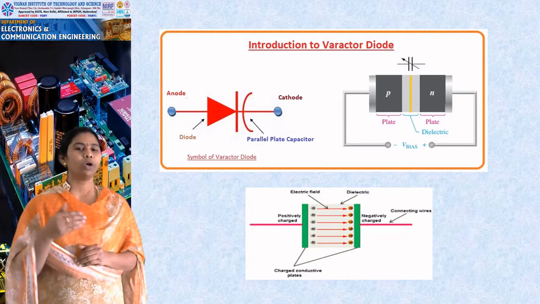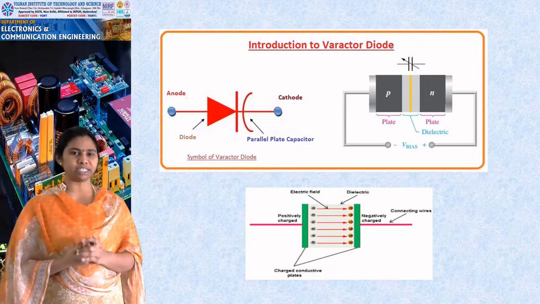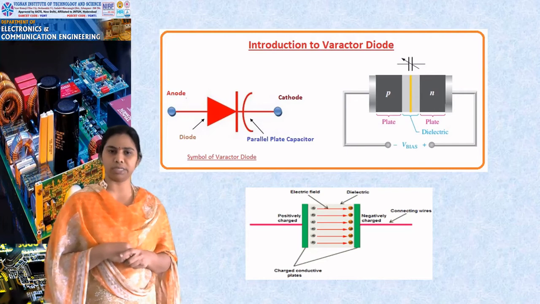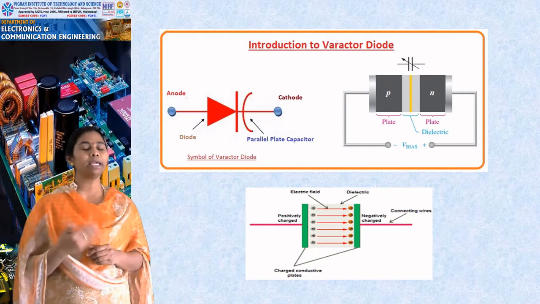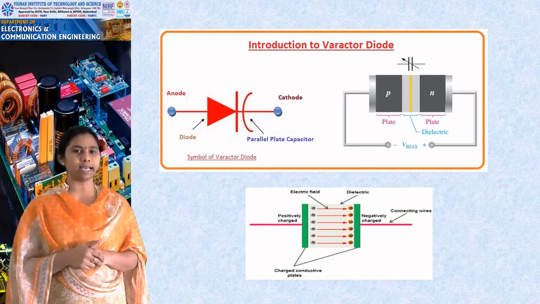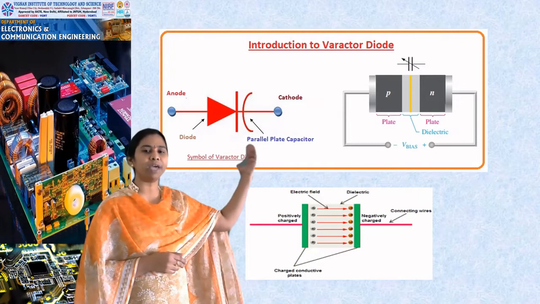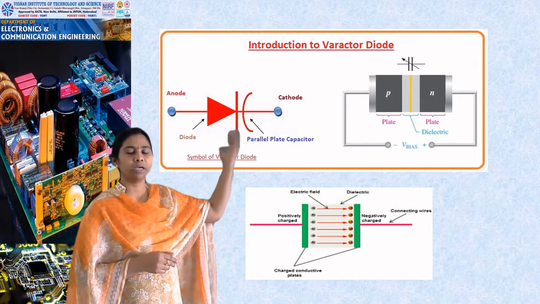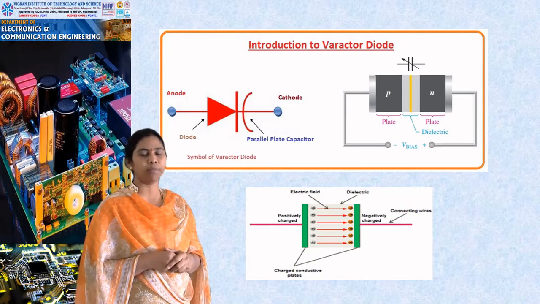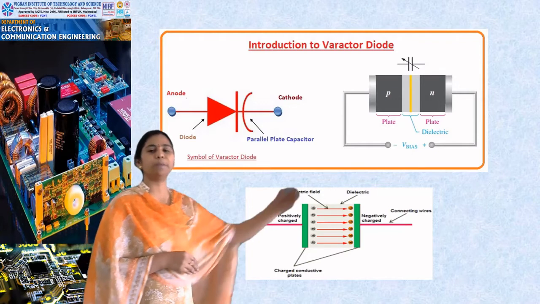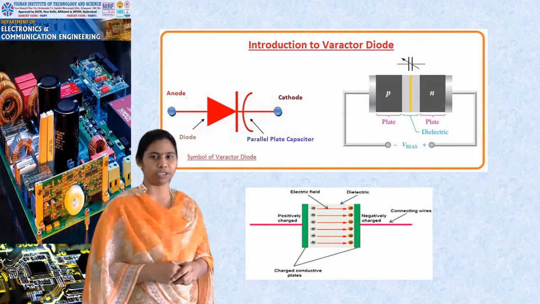When you are able to change the capacitance value, you are able to change the frequency of the tuned circuit. So you need a variable capacitance rather than a single capacitance. At those places, you can easily have a variable capacitance with this varactor diode or varicap, where the capacitance is varied with respect to the applied reverse bias voltage.